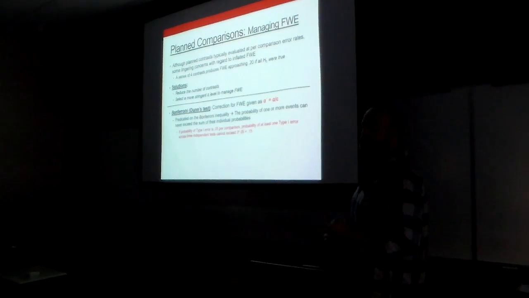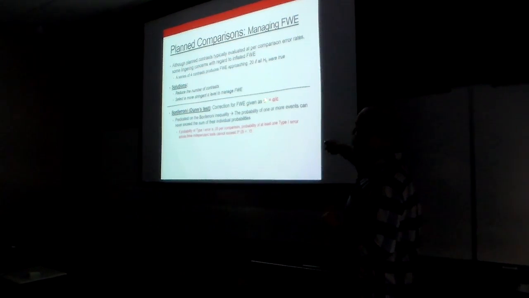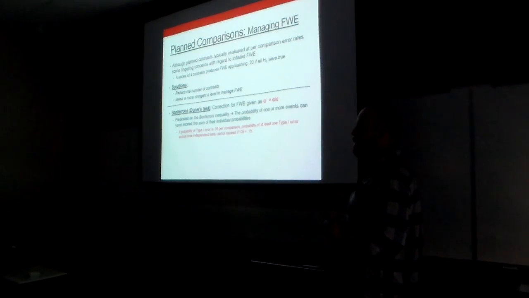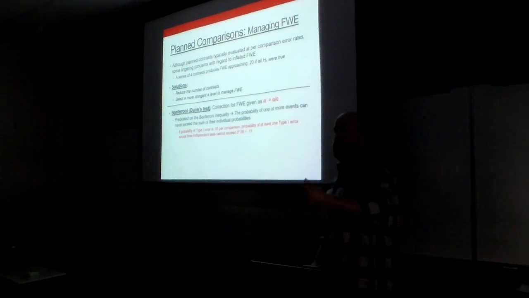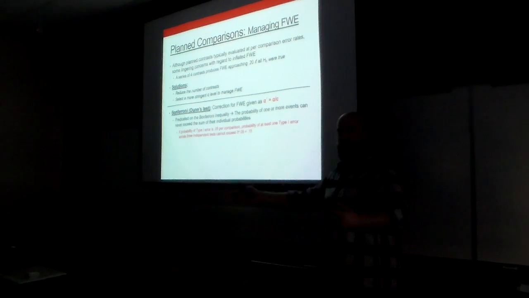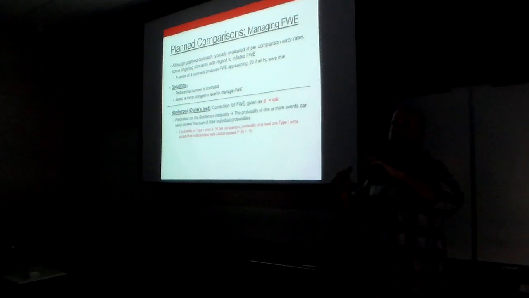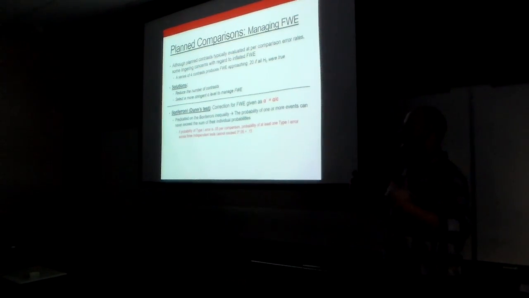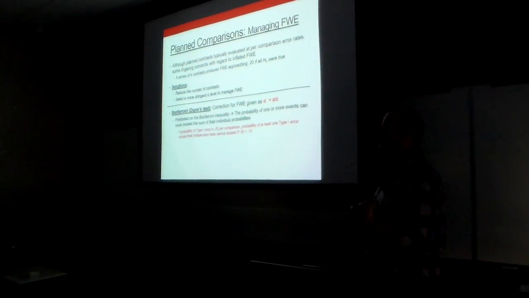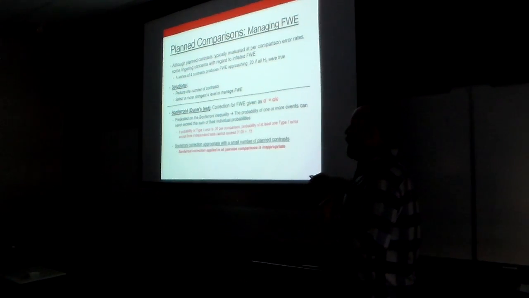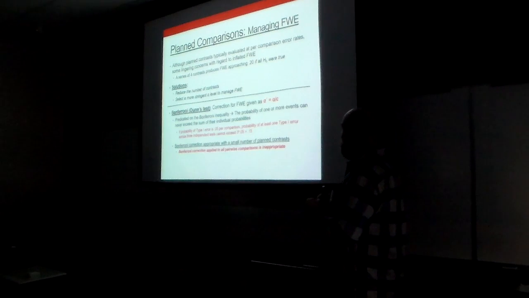So what we're going to do is correct that alpha level to bring that down. So my per comparison error rate is now no longer 0.05. My per comparison error rate is 0.0125, and so if I add all of those up, my overall error rate for the whole set of tests is now equal to 0.05 like it was before.